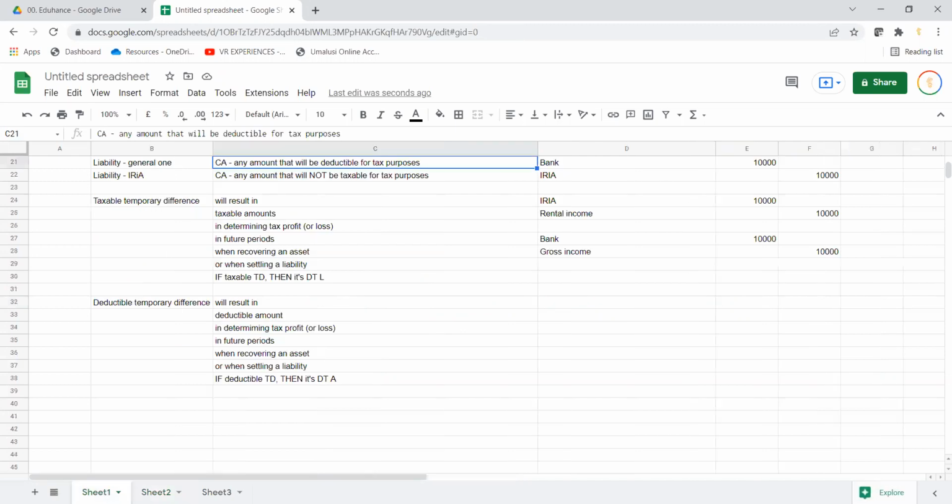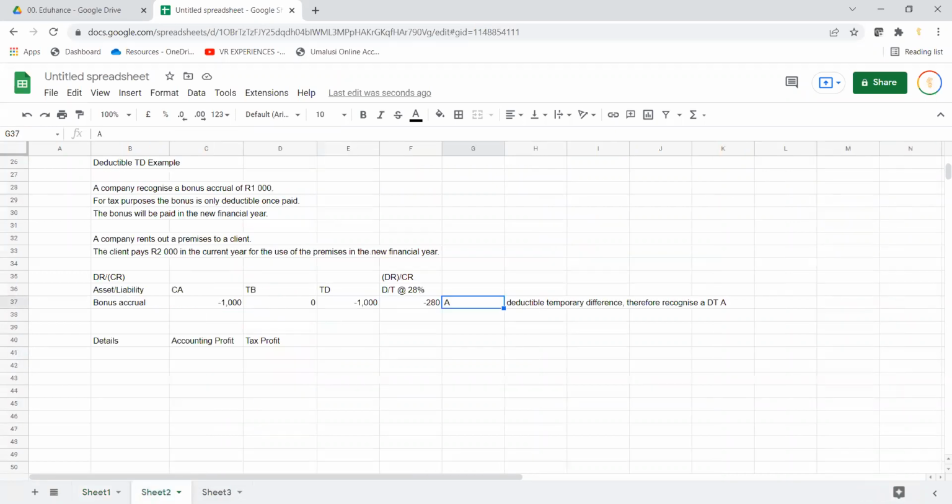Now remember, the definition of a deductible temporary difference is as follows. A deductible temporary difference will result in a deductible amount in determining tax profit or loss in future periods when recovering an asset or when settling a liability. In our case, we're not recovering an asset, we are settling a liability. So how does this look?